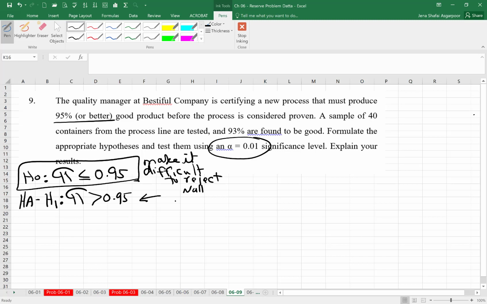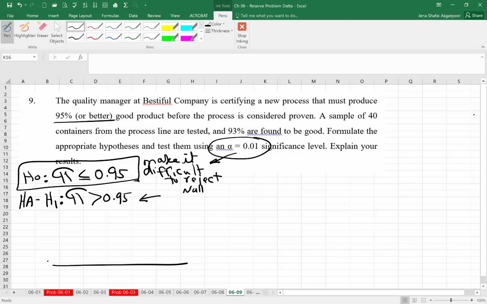How? By setting our alpha level to be 0.01 in this case. Generally, alpha level or significance of the test is set to be at 0.05 or lower. So only a 5% chance that the null hypothesis is really true, but we end up rejecting it anyway. So in this case, we are setting it to be 0.01.